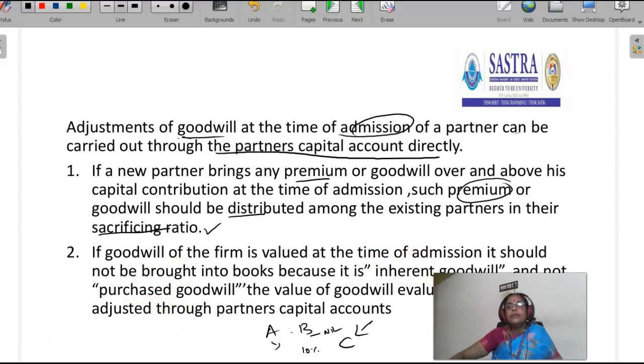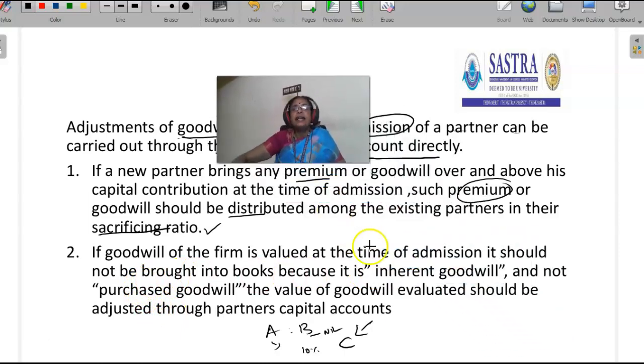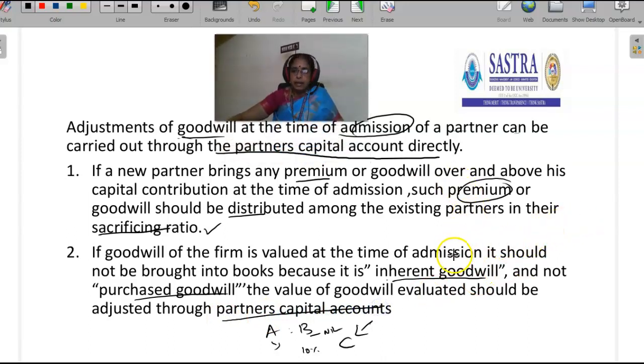Second, if goodwill of the firm is valued at the time of admission, it should not be brought into the books, because it is inherent goodwill and not purchased goodwill. The value of goodwill evaluated should be adjusted through the partners' capital accounts. At the time of admission as well as retirement, the firm has to value the goodwill.